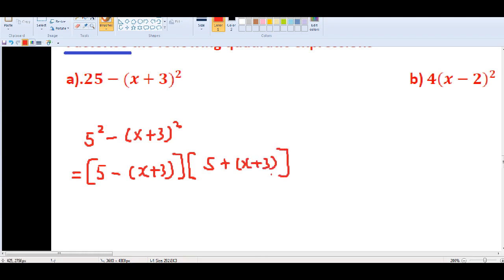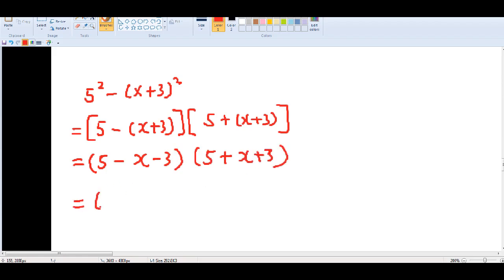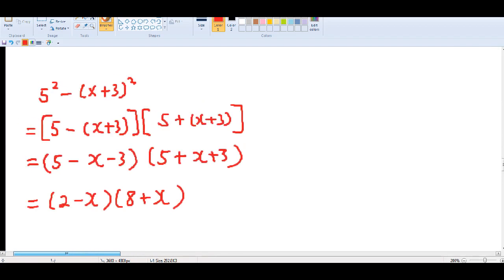If you could see it, that's really good. And of course, you have to simplify them. To simplify, first you need to remove the inner bracket. When there's a minus sign outside that bracket, you need to change the sign inside it, and you get this one, right? So you get (2 - x)(8 + x). That will be it. So that's the first part.